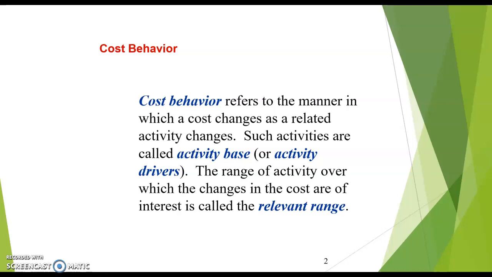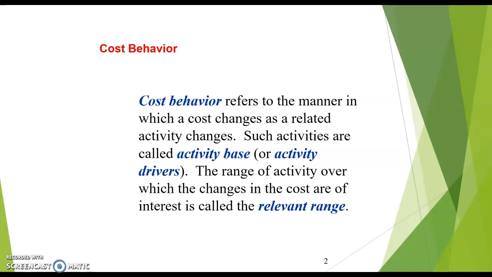So if, given the size of the factory building I have, the largest number of dog houses that I can build is 1,000 dog houses in a month, then in that case, I'm not going to worry about the fact that the cost might behave differently if I were to make 2,000 dog houses, because that's outside of the relevant range.